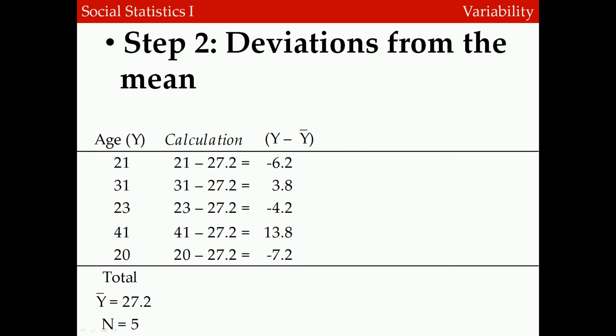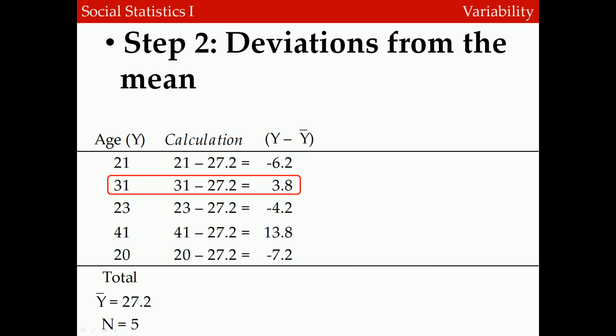The second step is to take the deviations from the mean, that is, take each of the categories, 21, 31, 23, 41, and 20, and subtract the mean from each one of them. Let's look at this step in a little bit more detail. So for the first person, who's age 21, we see that that person has a below average age. 21 minus the mean, 27.2, gives us a deviation from the mean of negative 6.2.